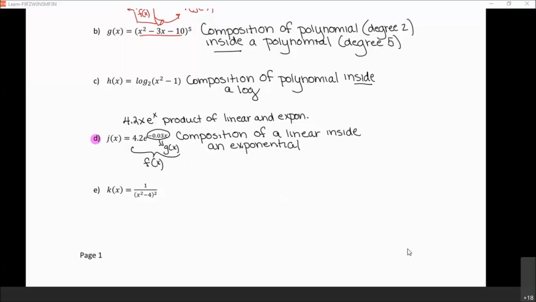Okay, last one. Try E. Is E a product? I'll make this one even an easier one. So product, quotient, or composition. Think about it before you answer.